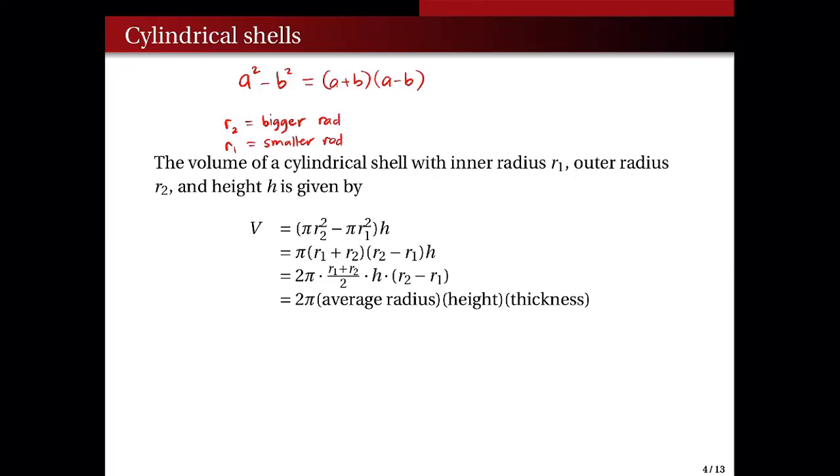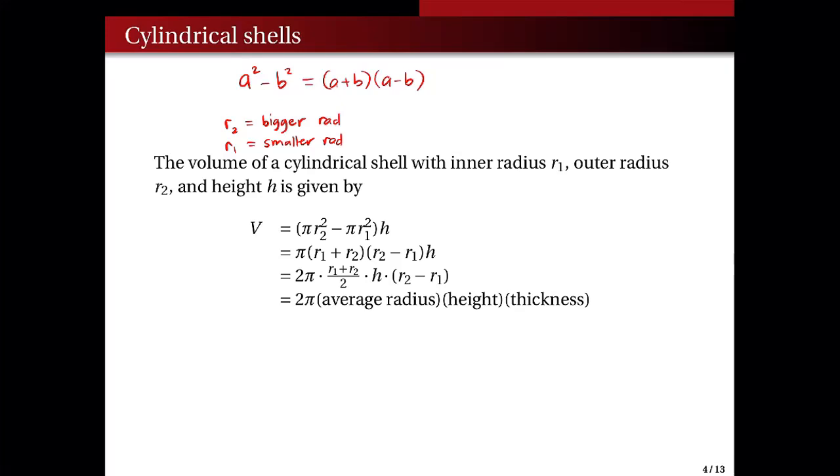This guy here is just the average of the radii. Take note, to get the average of two numbers, you add the two numbers and divide by 2. That's what we did in here: you added R1 plus R2 and then divided by 2. So that's your average radius.